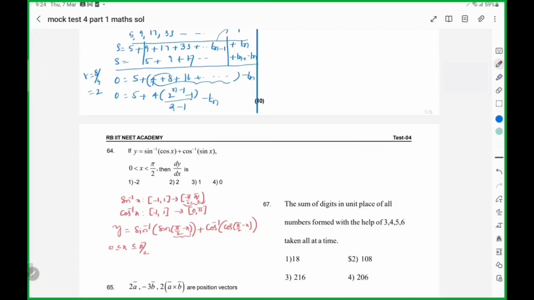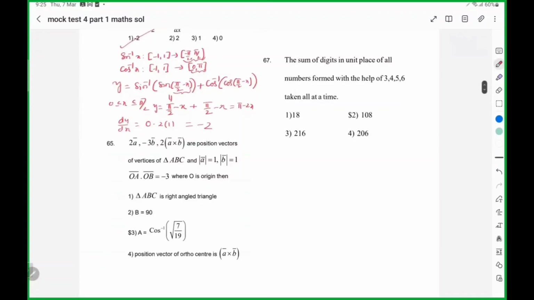So I can write y straight away as pi by 2 minus x. Cos inverse cos x becomes x, so it's pi minus 2x. So dy by dx is minus 2. So the first option is correct.